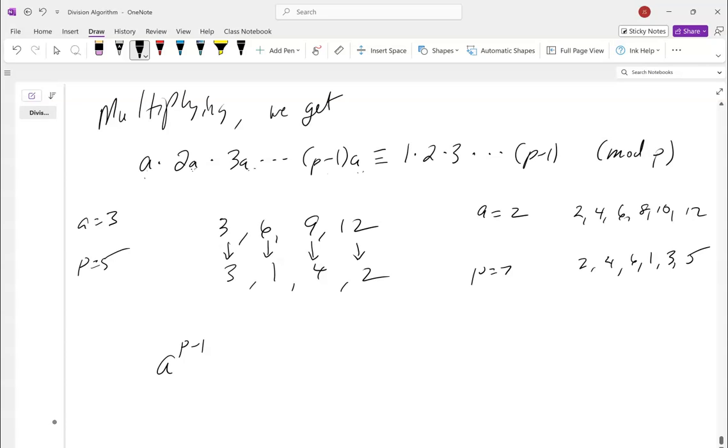And just to simplify the notation a little bit, what are you left with if I pull all the A's out? I've got 1 times 2 times 3 times P minus 1. How would you simplify that notation? Yeah, that's right. It's factorial. Yeah, it's P minus 1 factorial.